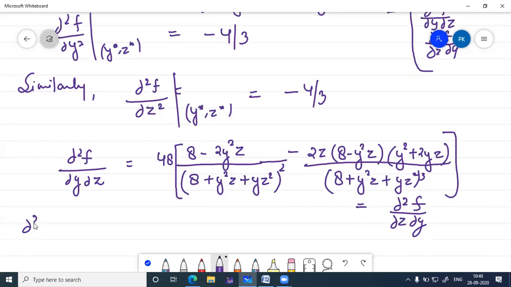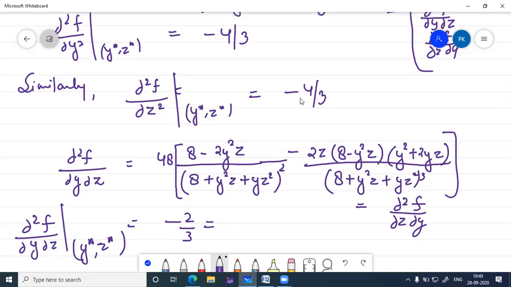Now at the stationary points, at y star and z star, 2 and 2, its value will be minus 2/3. So we have these partial derivatives: minus 4/3, minus 4/3 and minus 2/3, minus 2/3. These are the values for writing the Hessian matrix.